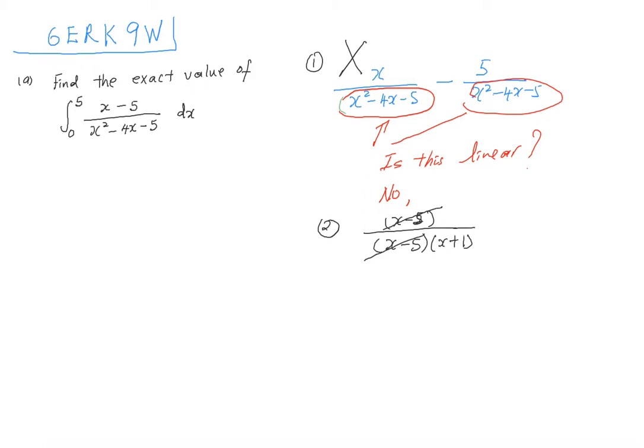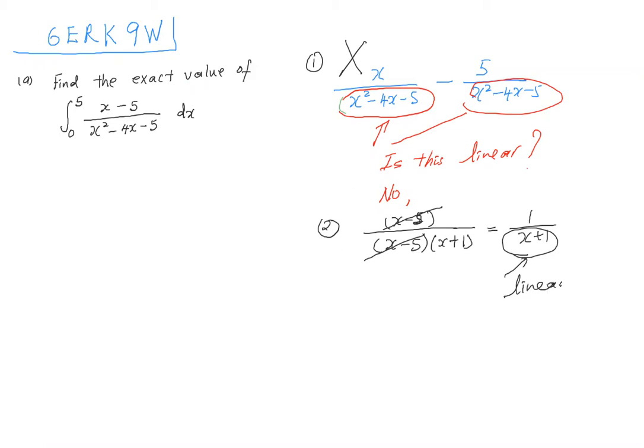Whenever you choose a method, you ask yourself, can it work? If it cannot work, go for another method. So now it works. Now this one is linear.